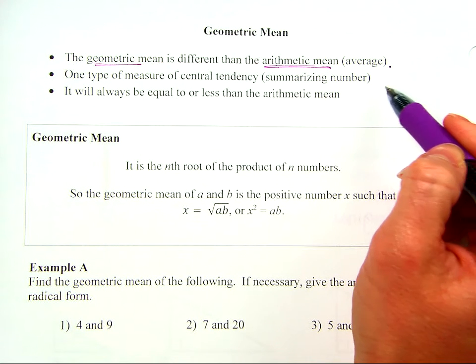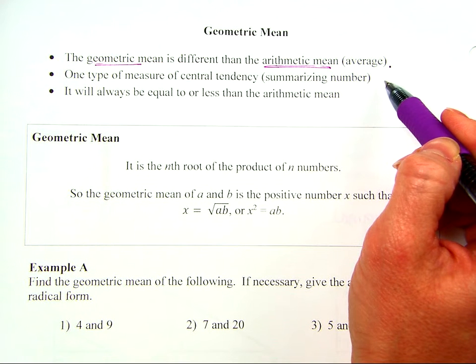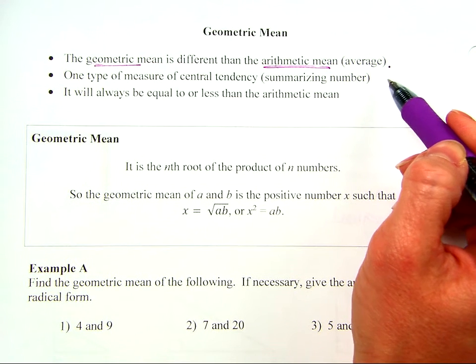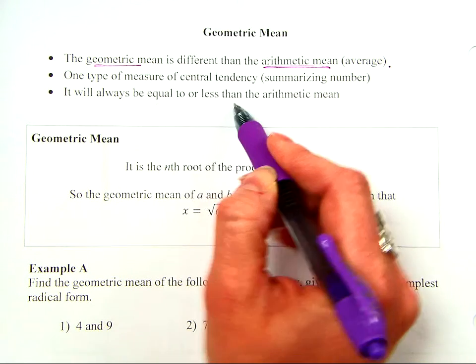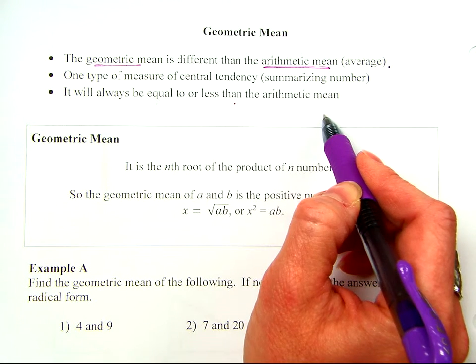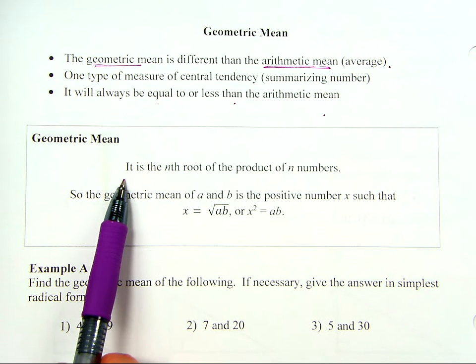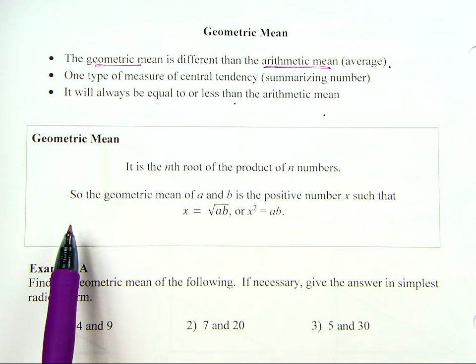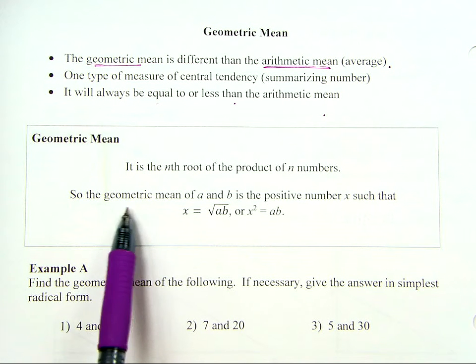The geometric mean is a measure of central tendency, so it's a summarizing number. But it will always be equal to or less than the arithmetic mean. Well, what is the geometric mean? It is defined as the nth root of the product of n numbers. That can be a little bit confusing, but the product of n numbers, the nth root.